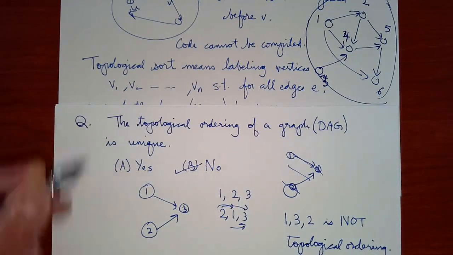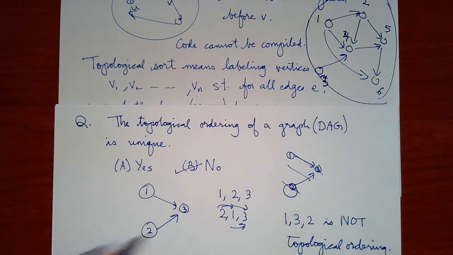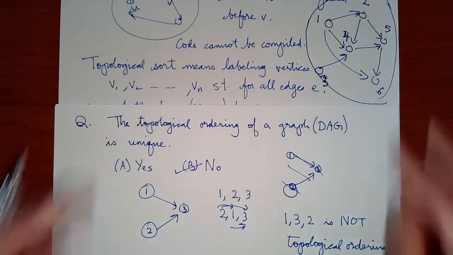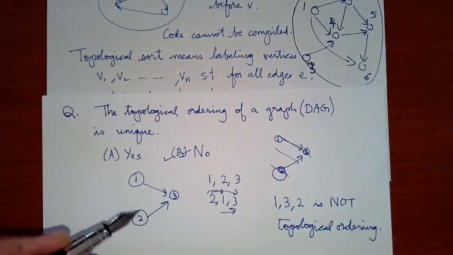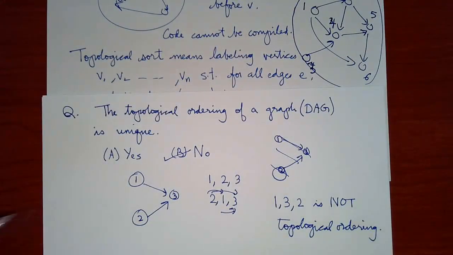Is this clear? The topological ordering of a graph is an ordering of the vertices. I did a labeling over here, but you can also think of it as permuting the vertices in an order so that the edges go from lower in the order to higher in the order.